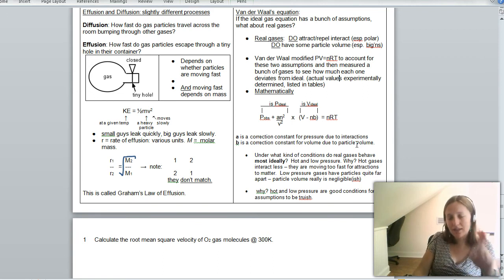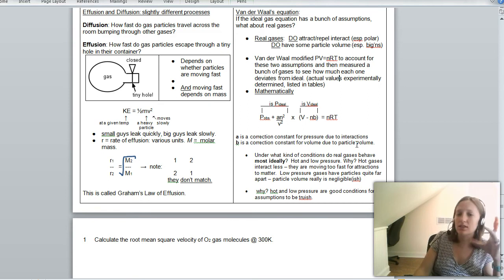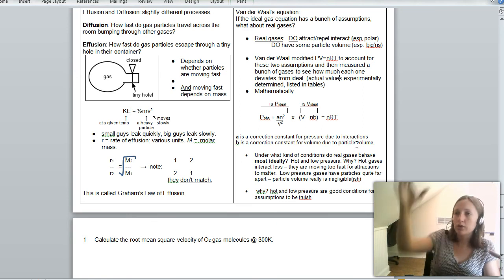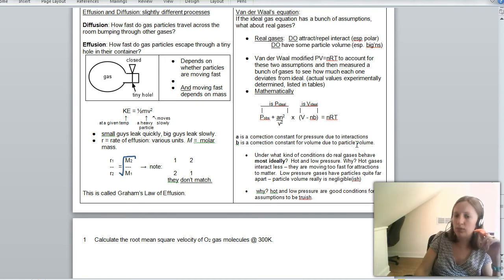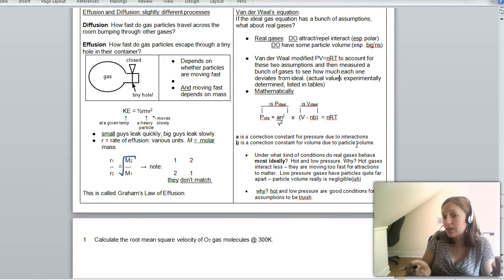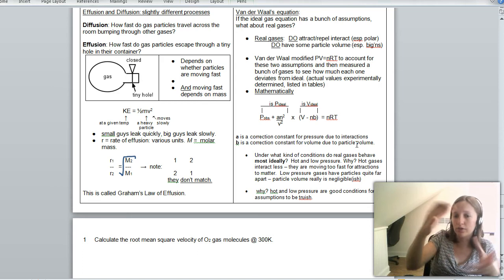So hot and low pressure. Low pressure gases, when you've got something under low pressure, the particles are pretty far apart. And when particles are far apart, it means that they're not contributing a large percentage of the volume of the container. If you squish everything down so that you have a high pressure system, you do have particles that are close together, and they're taking up a significant, and by significant I mean like 1%, volume of the overall volume.